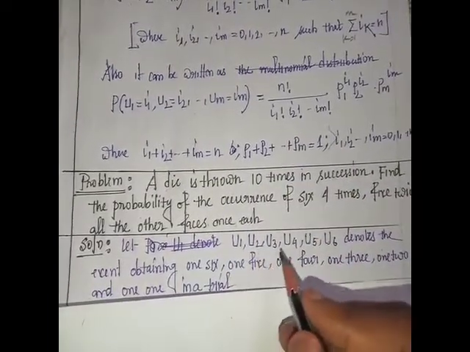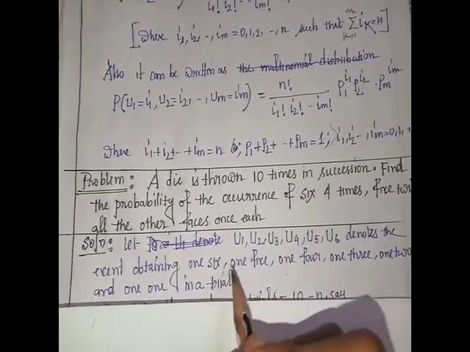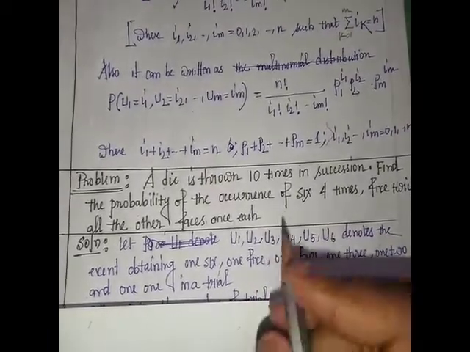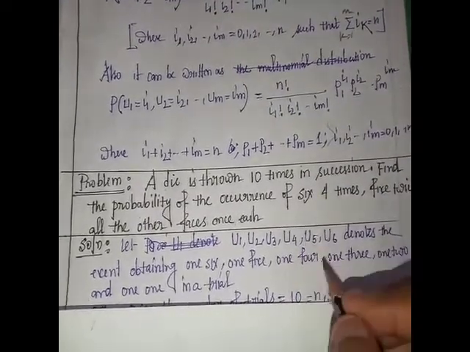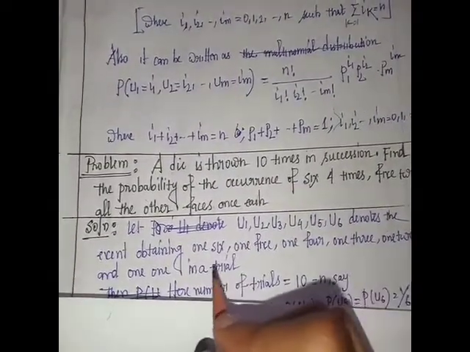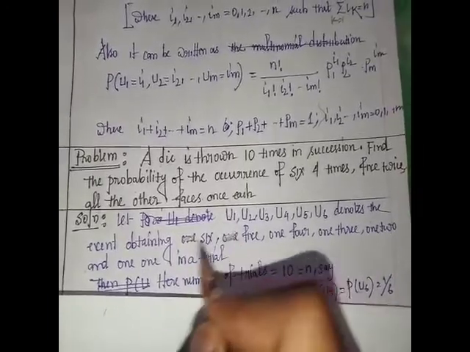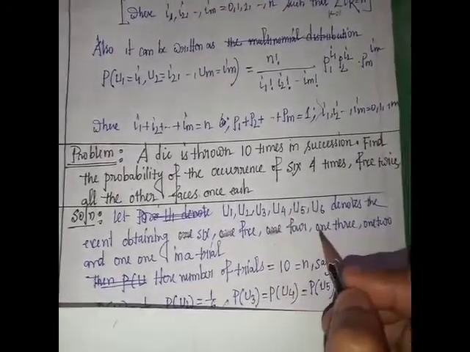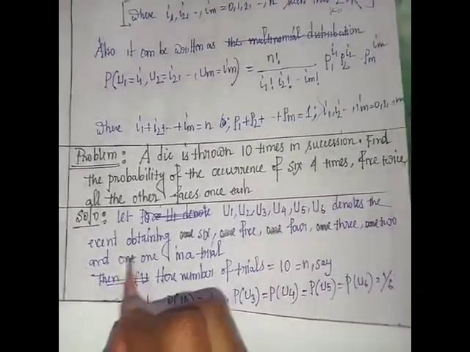Let u1, u2, u3, u4, u5, u6 denote the events of obtaining: u1 is the event obtaining 6, u2 is the event obtaining 5, u3 is the event obtaining 4, u4 is the event obtaining 3, u5 is the event obtaining 2, and u6 is the event obtaining 1 in each trial.